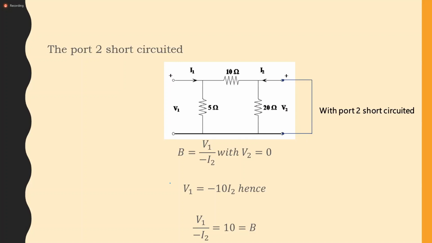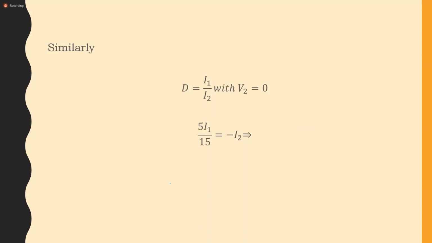But that component is equal to minus I2. So 5I1 over 15 is equal to minus I2, which means that I1 over minus I2 is 15 over 5, which is equal to 3. So D is equal to 3.